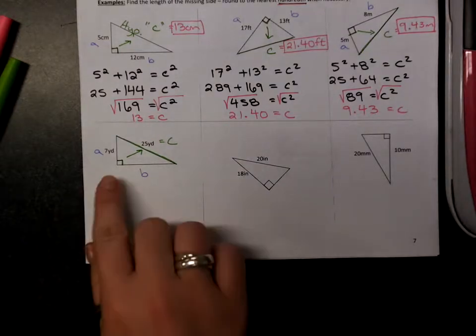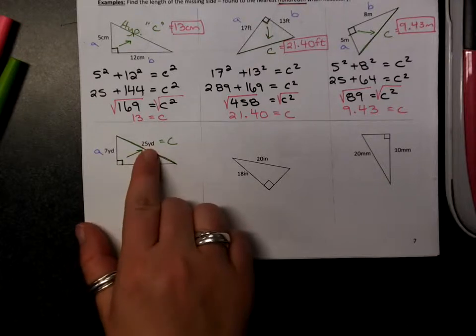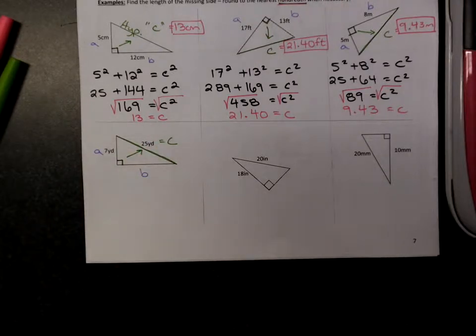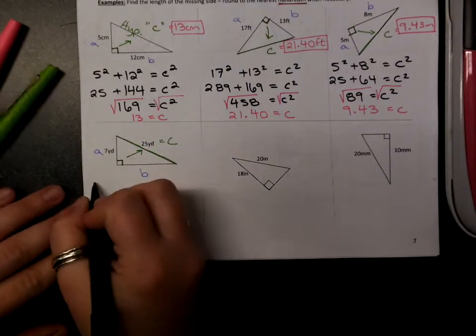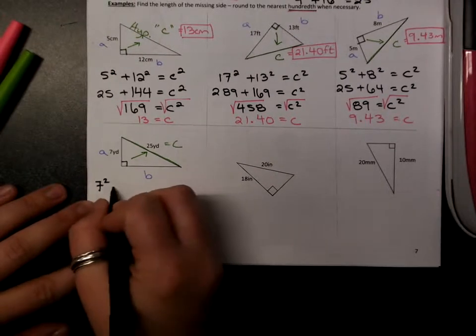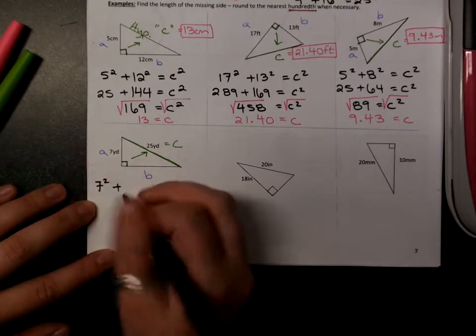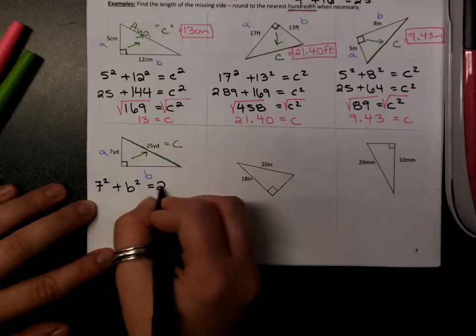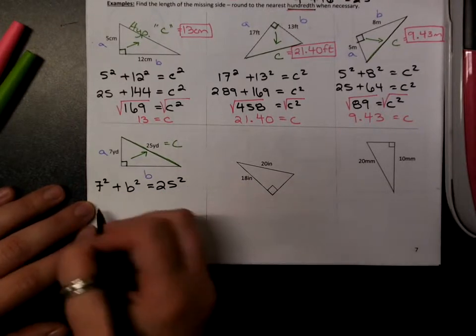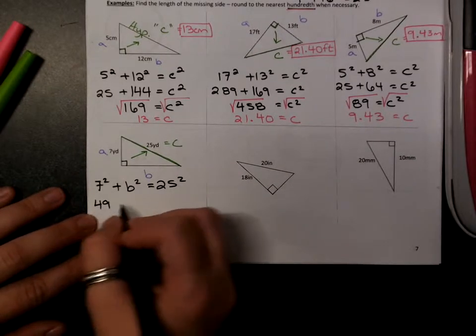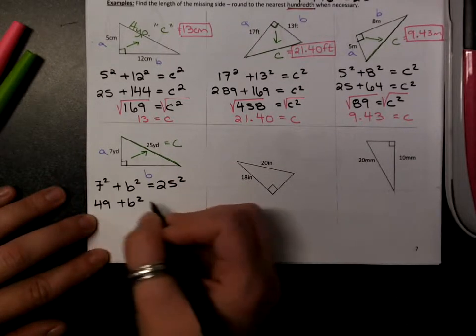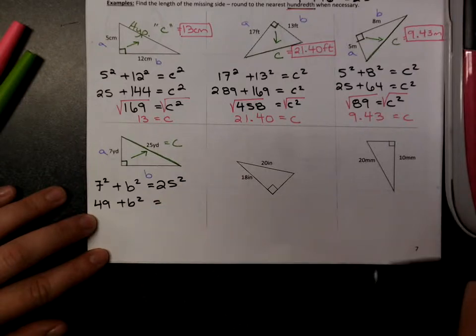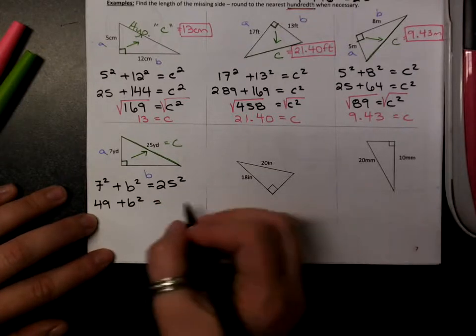So we still find the right angle, go across, and find the hypotenuse first. This one's going to work a little bit differently. We have 7 squared, because that's A or B, plus B squared, which is the side we don't have, equals 25 squared. 7 squared is 49, plus B squared. 25 squared, I always forget, I think it's 625, yeah.